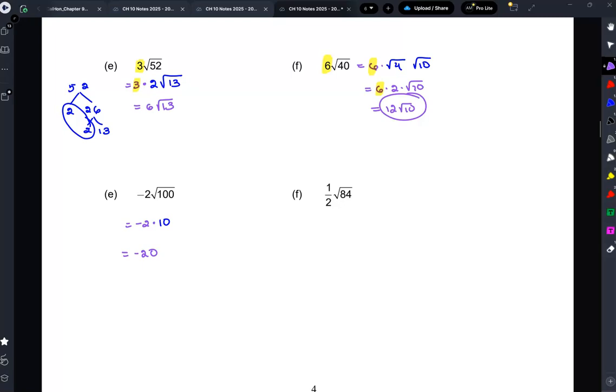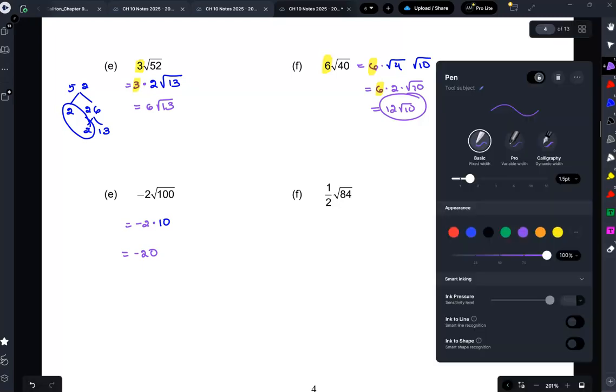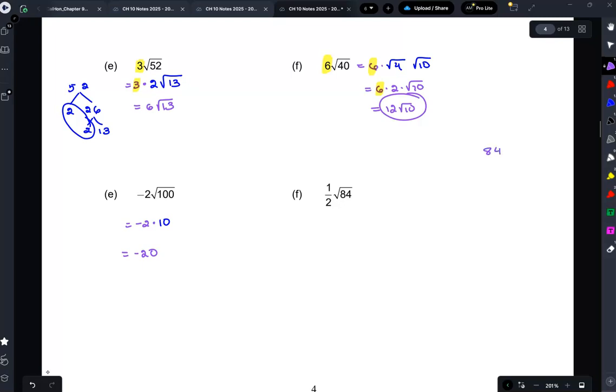Okay, so the root 84, do you want to do a factor tree or do you want to do the squares? Let's do factor tree. I heard that first. I like the factor tree. Something about it is very soothing. So let's do 4 and 21. Let's do 2 and 2, 3 and 7.